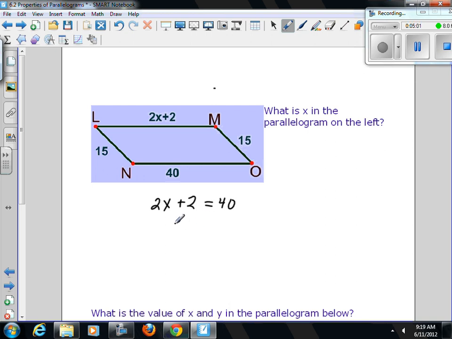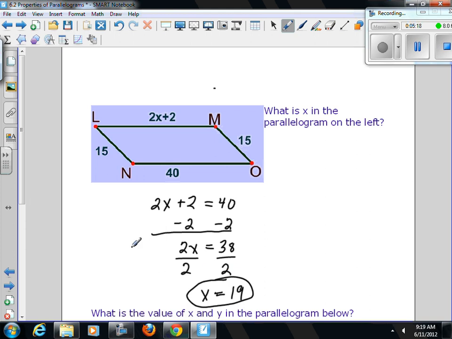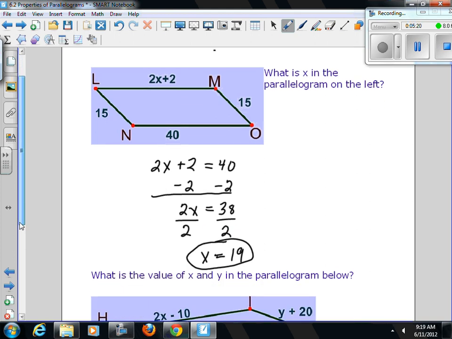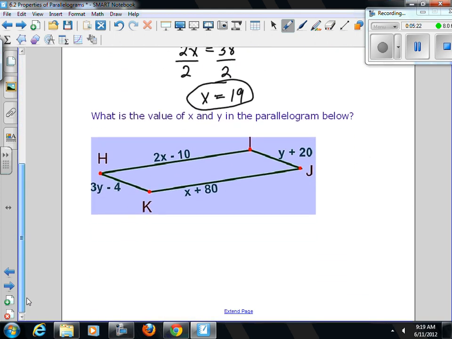Now we have an equation to solve. So let's just subtract 2 from each side. So we have 2x equals 38. Divide each side by 2, and we end up with x equals 19.